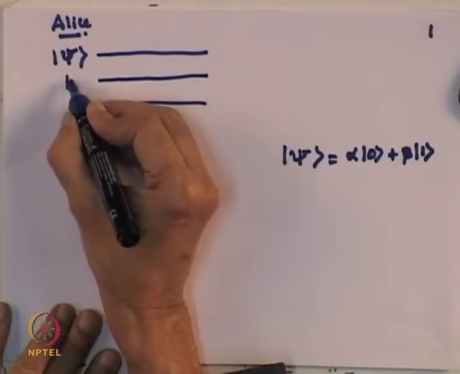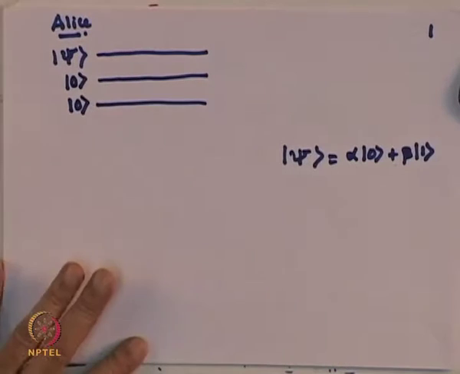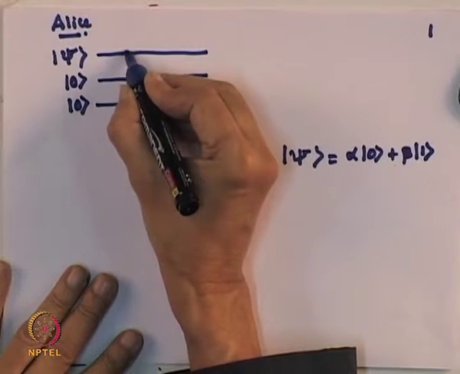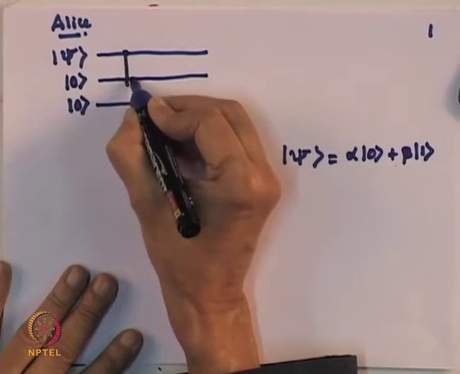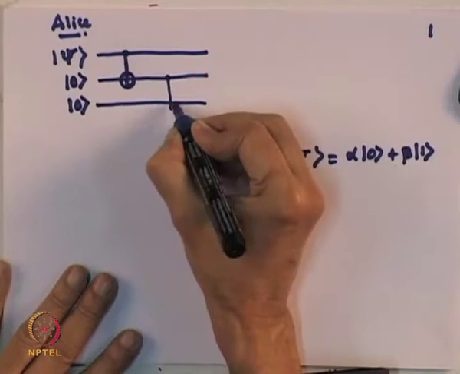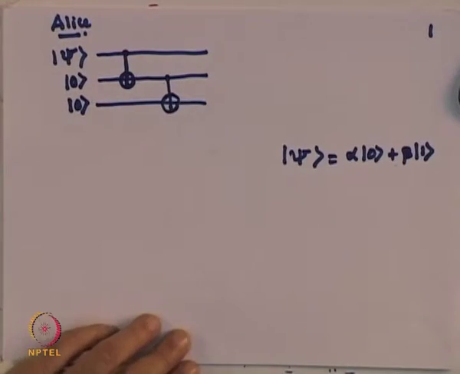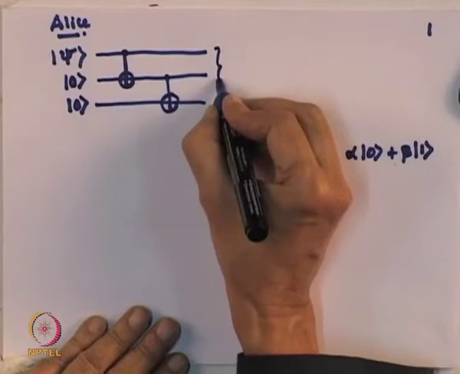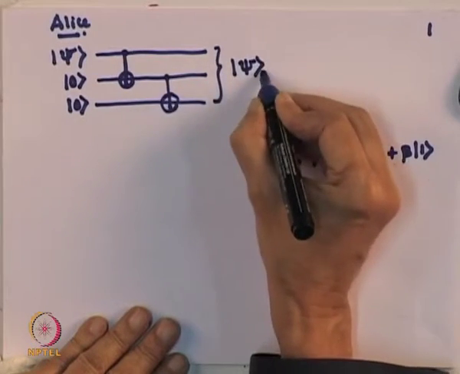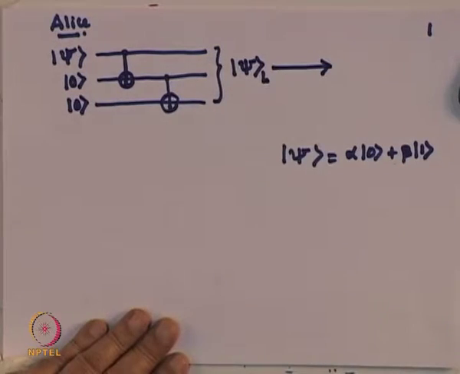These ancillas are initially set to 0. Then she executes a quantum circuit of this type. And whatever comes out here is what we will call psi logical. This is what will be sent through a communication channel.